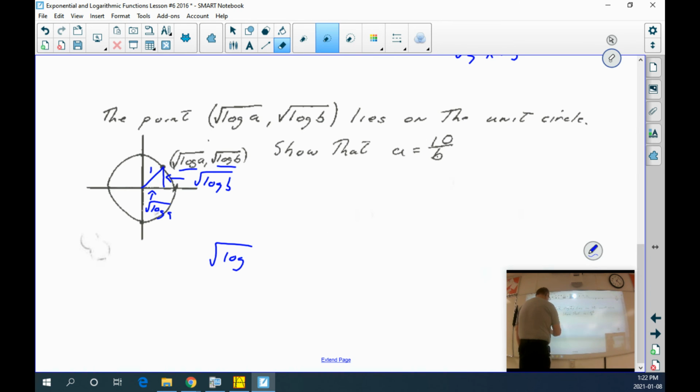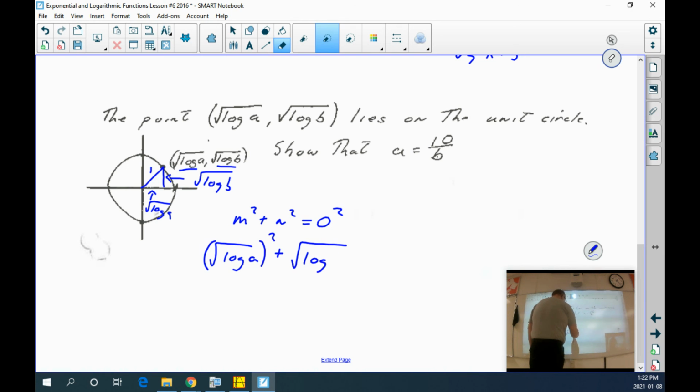or a, square root of log A. I'll use different variables here. M squared plus n squared is equal to O squared, just because I already used A and B. So the square root of log A squared plus the square root of log B squared, that will be equal to 1 squared.